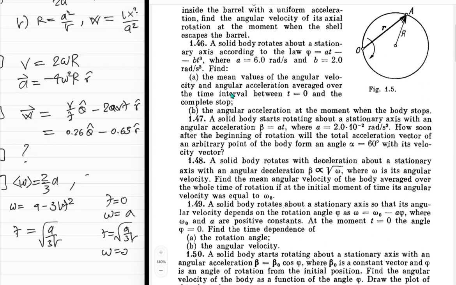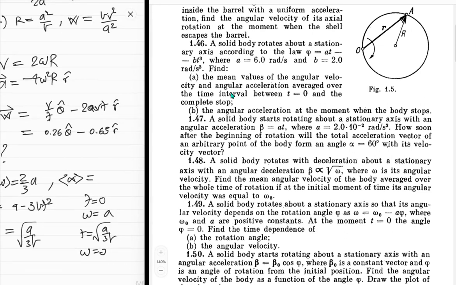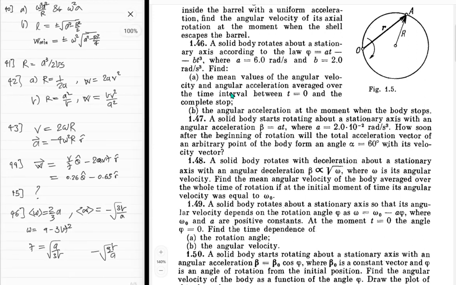So your average angular acceleration is just, it went from a to 0, so it's negative a upon the time required, which is square root of a upon 3b for the complete stop. So it's only negative square root of 3b upon a. That should work. I hope so. Oof, this is wrong. Now it's done. Okay.